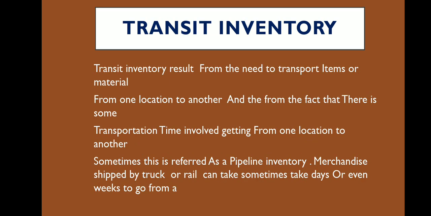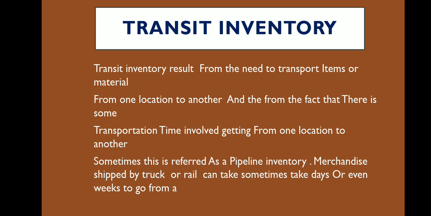Now we have transit inventory. Transit inventory results from the need to transport items or material from one location to another, and from the fact that there is some transportation time involved in getting from one location to another. Sometimes this is referred to as pipeline inventory.